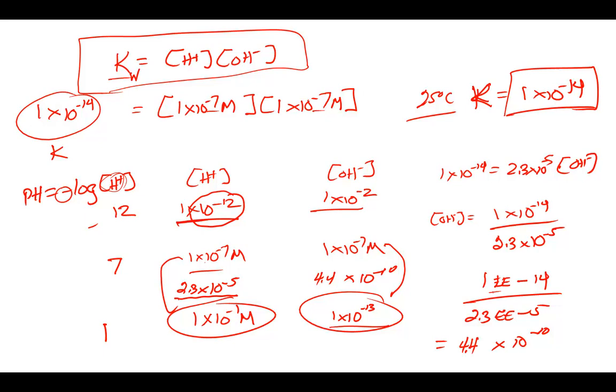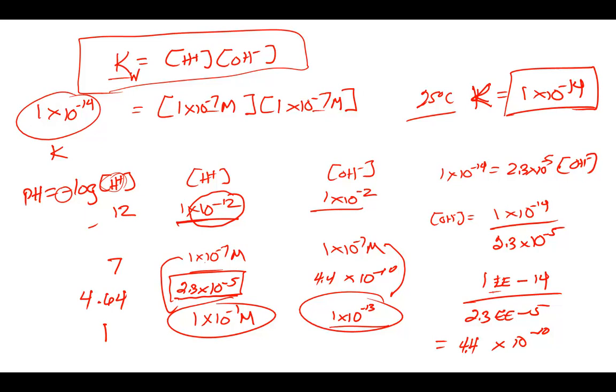You'd put in 2.3 exponential negative 5, close the parenthesis, hit equals, and you would get 4.64. That would be the pH for this concentration of the hydrogen ion.